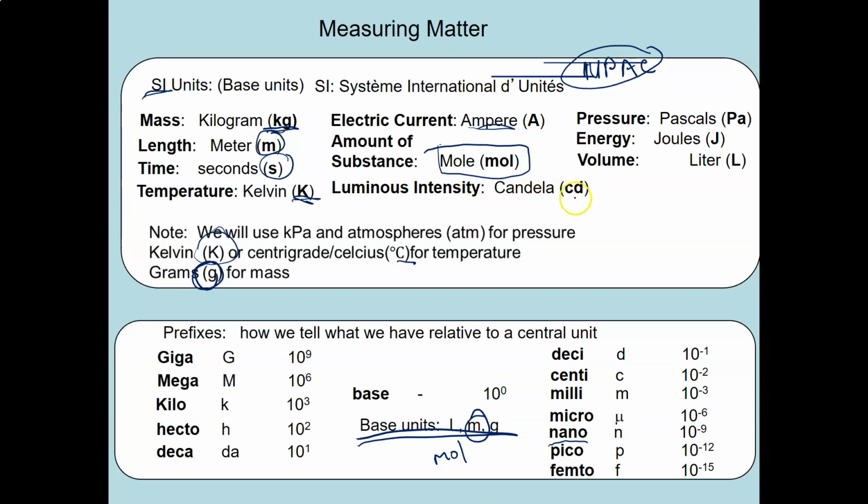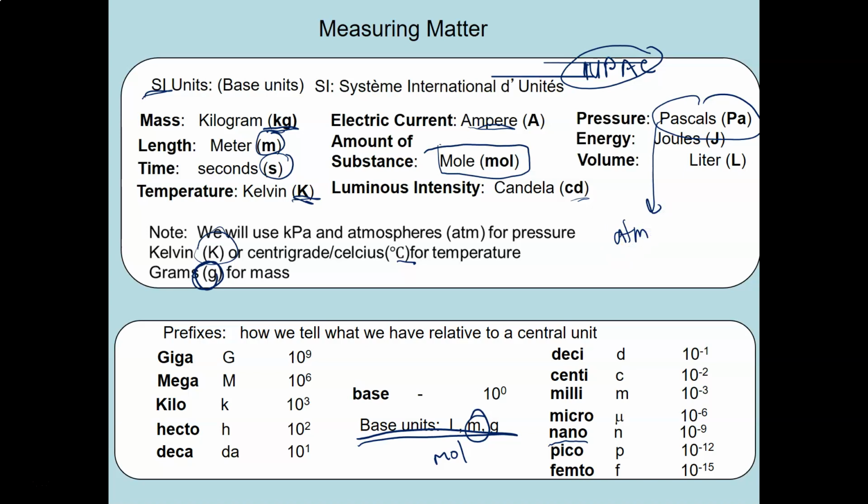Luminosity is measured in what's called a candela, like how many candle lights, but we don't use that very much. A lot of times now they call them lumens, if you look at light bulbs. Pressure is pascals, but we will also use ATMs for atmospheres.